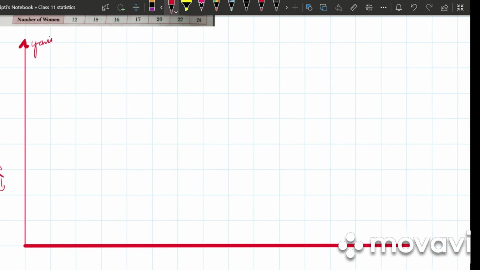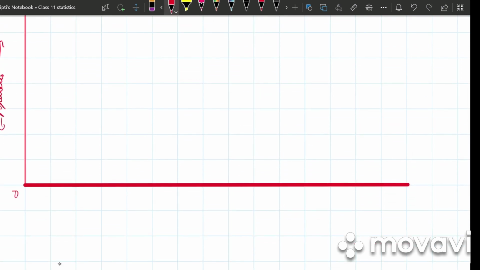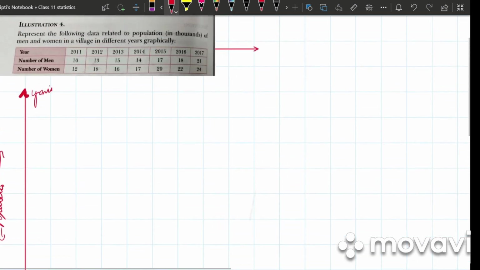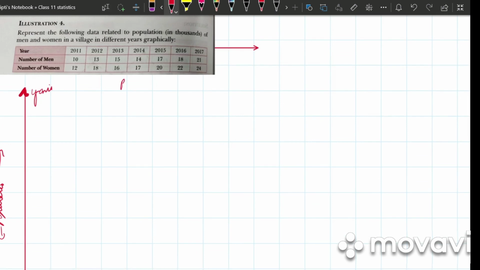It denotes the population. What does a x-axis denote? It denotes the year. So what will be the heading? Population of men and women in a village in thousands.